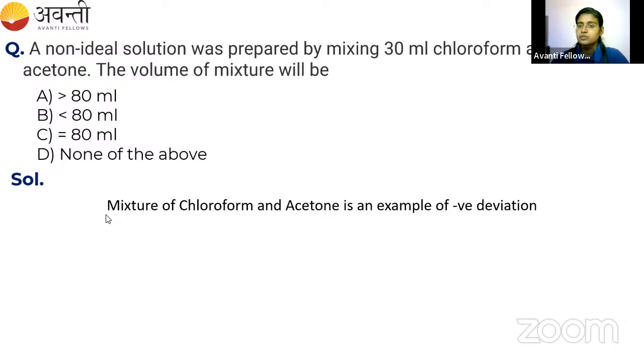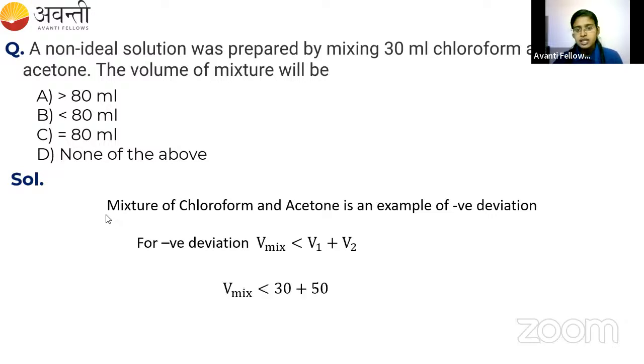The change in volume should be less than 0. So if I add V1 and V2, it should be less than 0. So 30 plus 50 is 80, so the correct answer is option B. Is that clear to all of you? Those who have given option A as the answer, is that clear now? This is how you have to apply the concepts which we are discussing in the class.